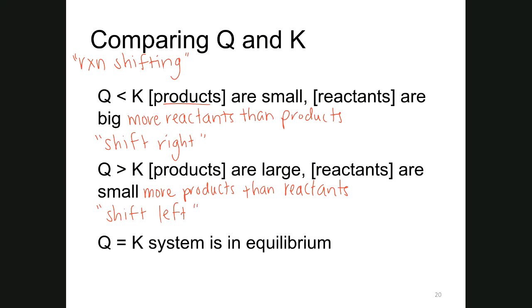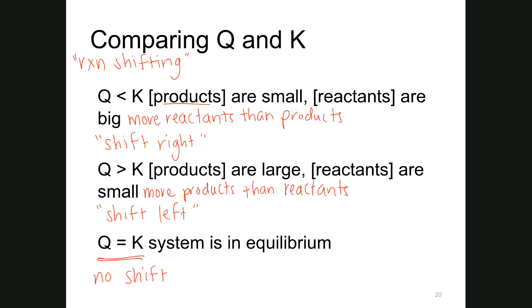So again, when we're talking about K, we talk about where the reaction lies. When we're talking about Q, we're looking at which way the reaction has to shift in order to become K. When Q equals K, we are at equilibrium, so we're not going to expect any shifting to occur.